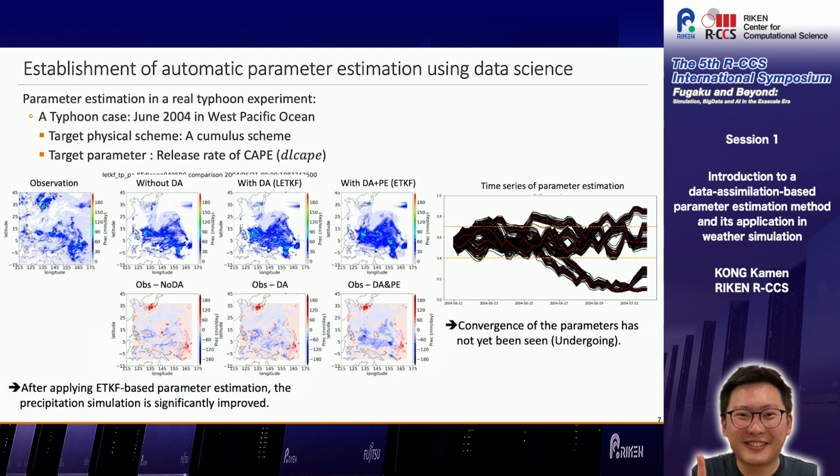So let us look at the real world. In the real world, we select a typhoon case in June 2004 around the East Pacific Ocean. Our physical scheme target is a cumulus scheme, and we select the release rate of CAPE in this scheme.